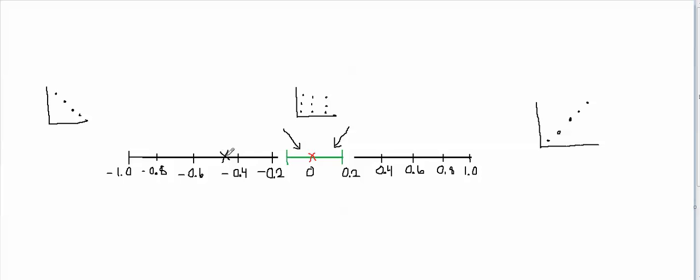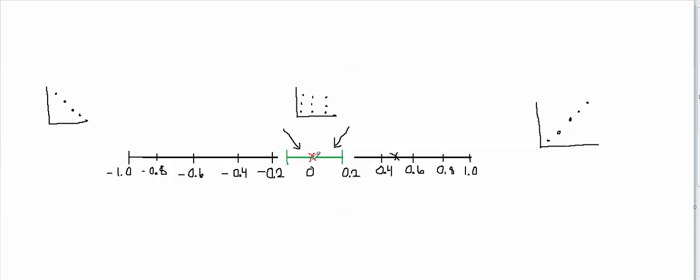Which is why if you get an outcome this far below 0, you're allowed to reject this possibility, the null hypothesis, and say that there appears to be a negative correlation in the population. If you get a sample correlation that's far enough toward the positive end up here, you know that it's outside of the range that would be expected if the null hypothesis was true, which means that you conclude that there is a positive correlation in the population.